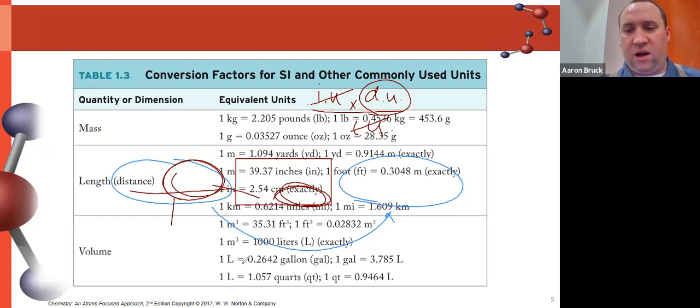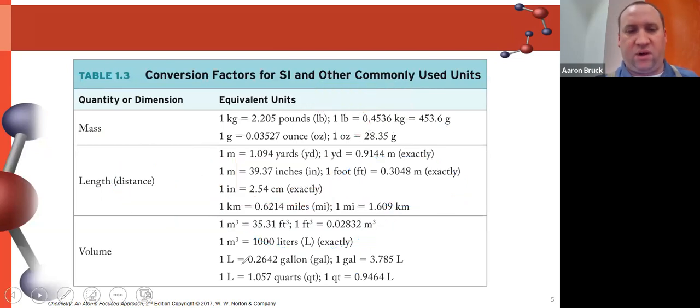So this here I pulled out of another textbook. This is a common conversion factor table. So this will allow you to convert between the customary system and the international or metric system relatively easily.